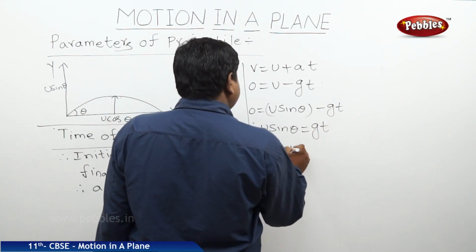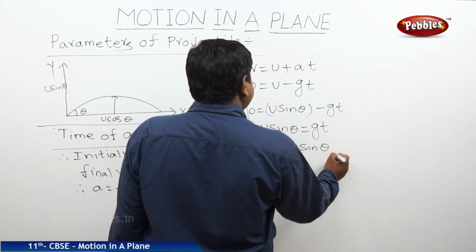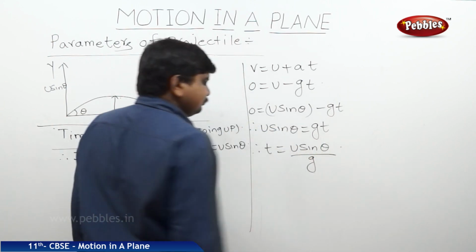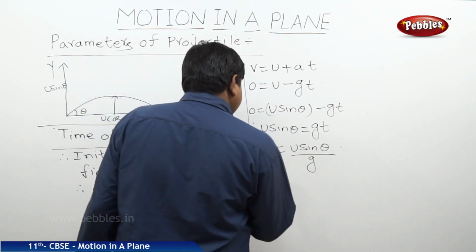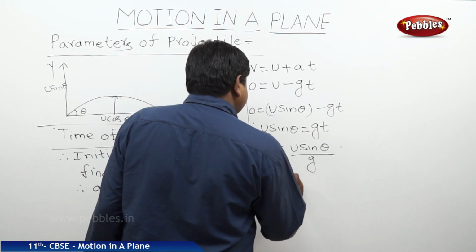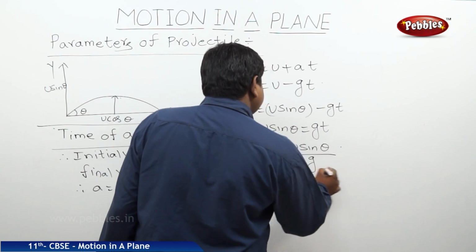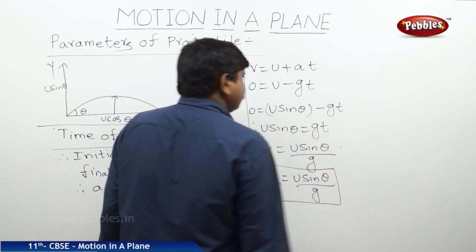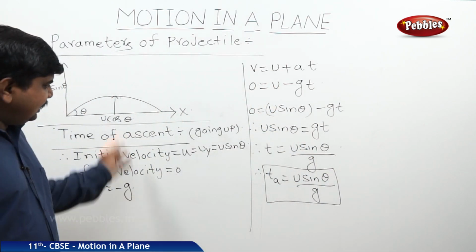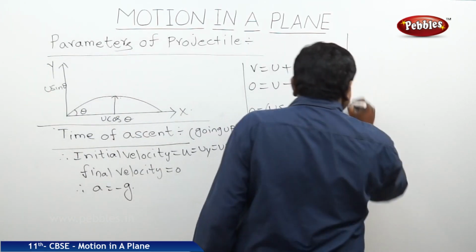Therefore, t is equal to u sine theta by g. So, this is time of ascending. Ta is equal to u sine theta by g. The next one is time of descent.